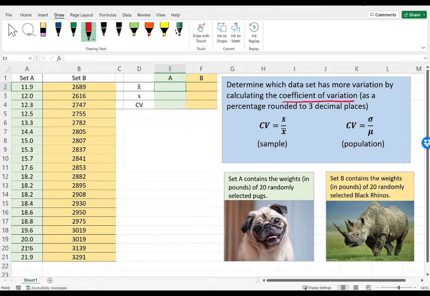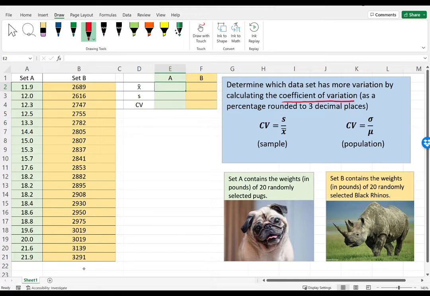And then on the right, in orange, we have the weights of 20 randomly selected black rhinos. Now they span a whole lot more than 10 pounds. The smallest is 2,689 pounds. The largest is 3,291 pounds. So they span about 600 pounds.